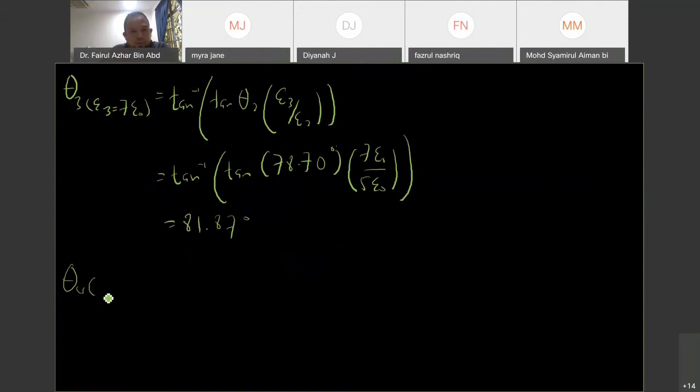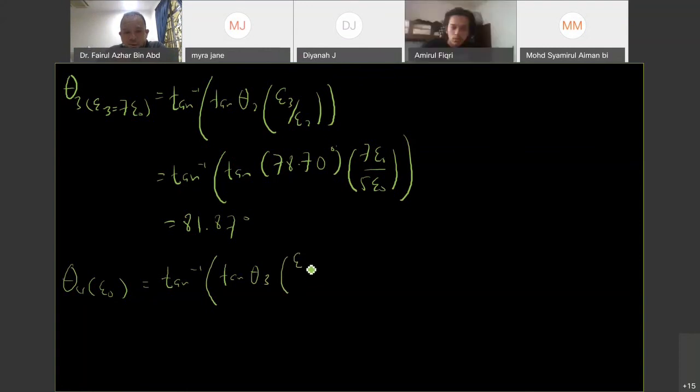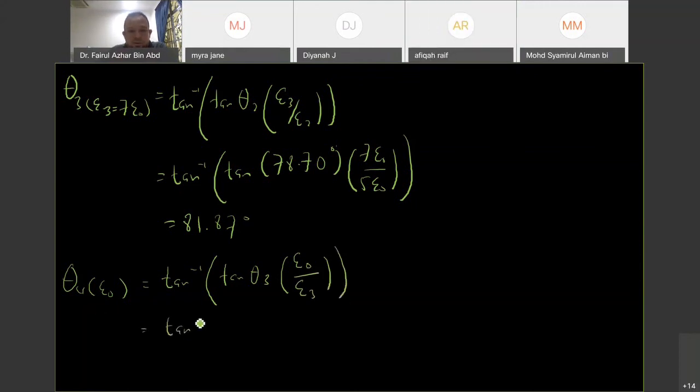If we extend the solution to theta 4, the angle in the lowest layer of air, we have inverse tangent of tangent theta 3, multiplied by epsilon naught divided by epsilon 3.